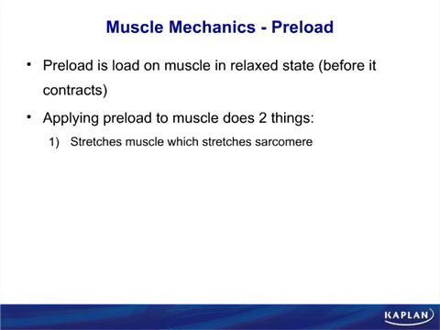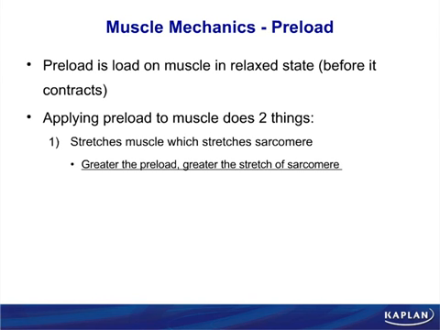So putting a load on the muscle before it contracts, preload, stretches the muscle. And the greater the preload, the greater the stretch, which should make sense. Hopefully that follows logically. Second, this preload is going to generate what we call a passive tension.